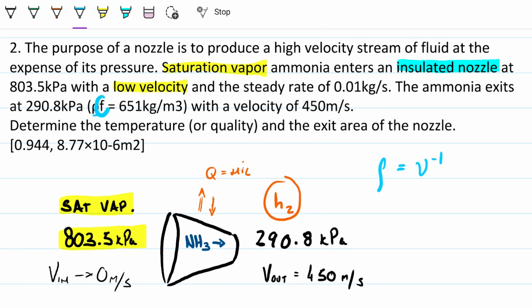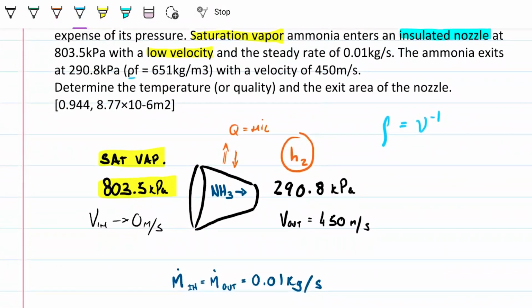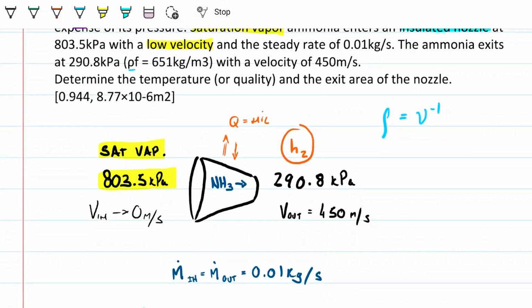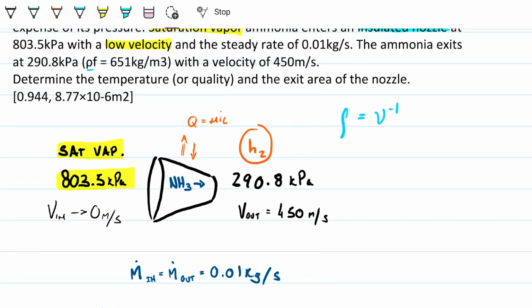So the F there stands for fluid, right? So therefore, the liquid, I should say. So saturated liquid. So what we know is that this is a mixture, and we know that the saturated liquid density is 651, which is the inverse of this. So let me go ahead and write that this is 651, that's kilograms per meters cubed.